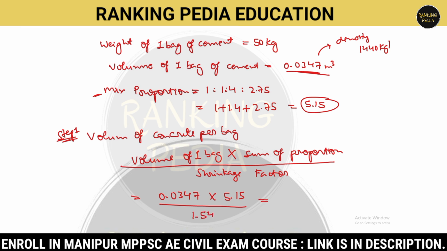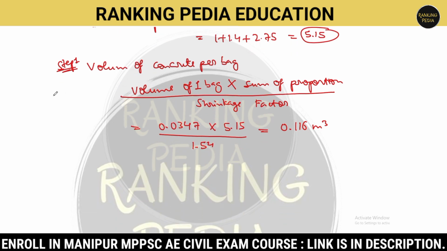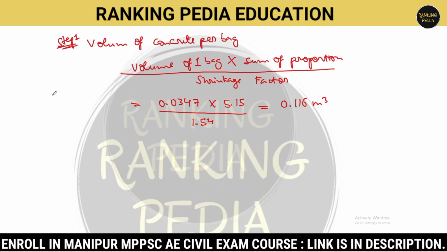After calculating this, you can use a calculator over here. The volume of concrete per bag will be approximately 0.2 meter cube. So the first step is calculating the volume of concrete per bag.